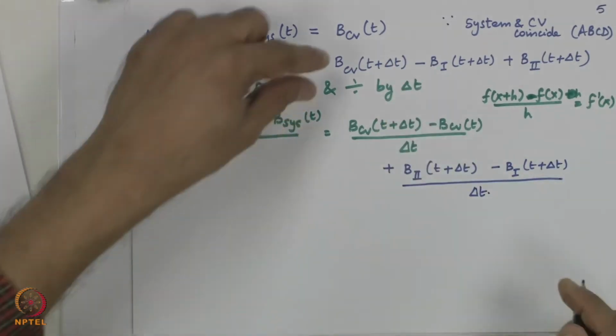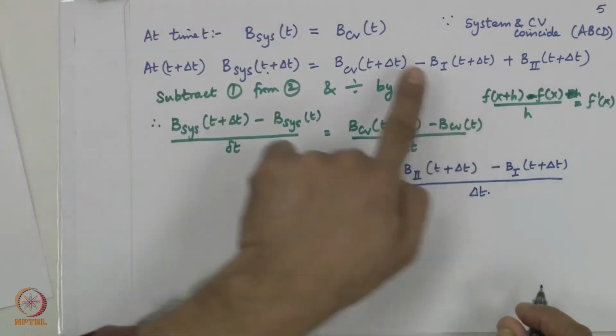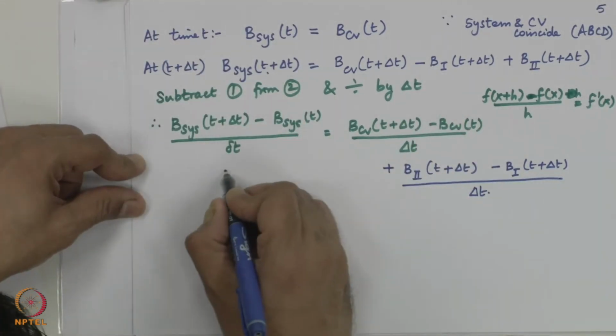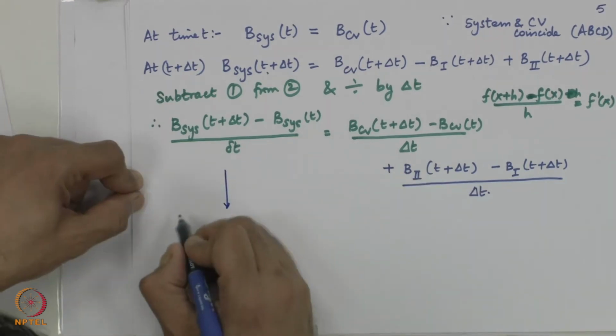Four terms are there, two have come under the green and the two are just like that. This quantity by definition is the derivative of B of the system.